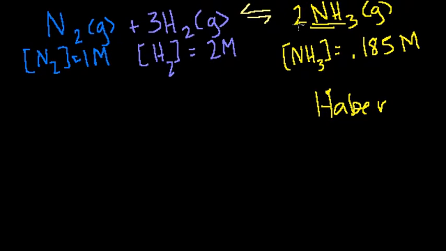What equilibrium tells us is that once we get to this concentration of nitrogen and hydrogen, the rate of reaction of going in the rightward direction is the same as the rate of reaction of going in the leftward direction when we have this much ammonia. So let's think about what that rate of reaction means, and then I'll tell you how I think about it.